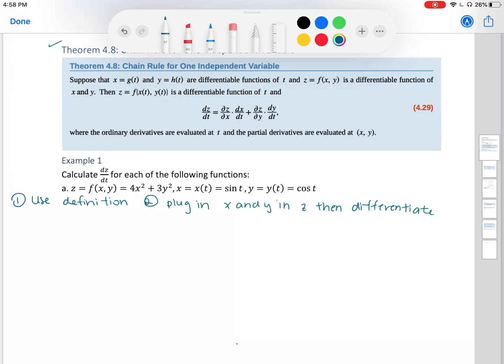Hopefully I spelled that right. Okay, so let's go ahead and do that first method. Let's use our derivative definition.